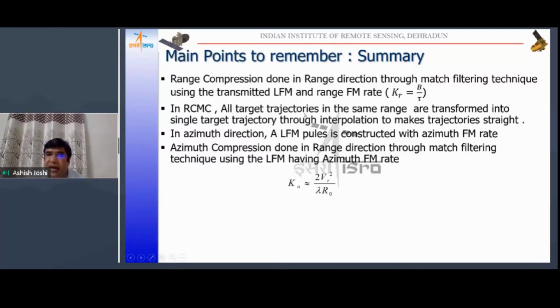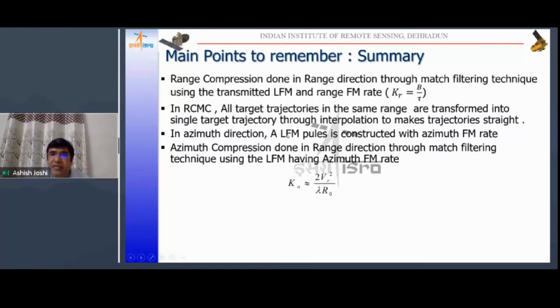So in the RCM, all the pixels which have the same range, we make into a straight line. That curved nature of the pixel points is transformed to a straight line which is parallel to the azimuth axis.